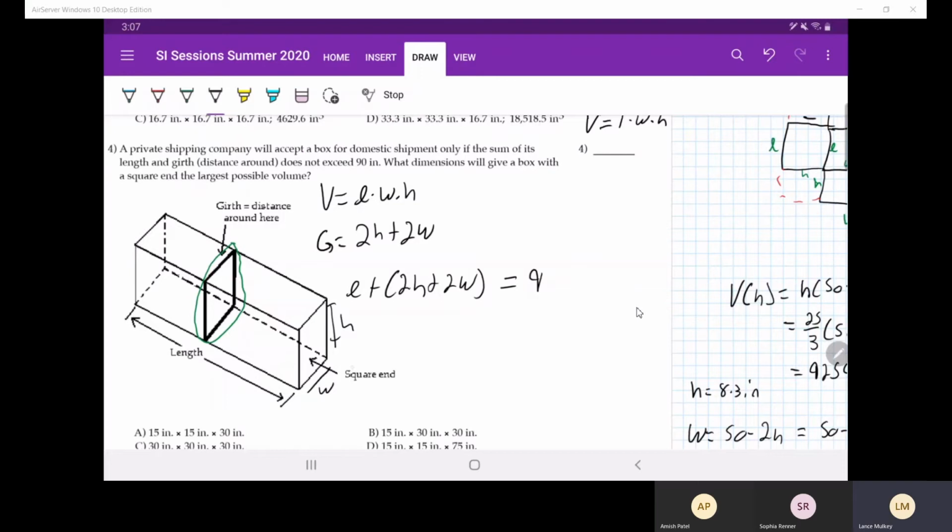And it's a square end. You see this right here? So h equals w. So length plus 4x equals 90. X equals h, w. And since it's a square end, you have this.